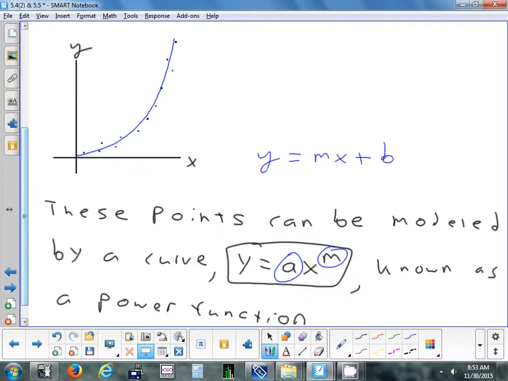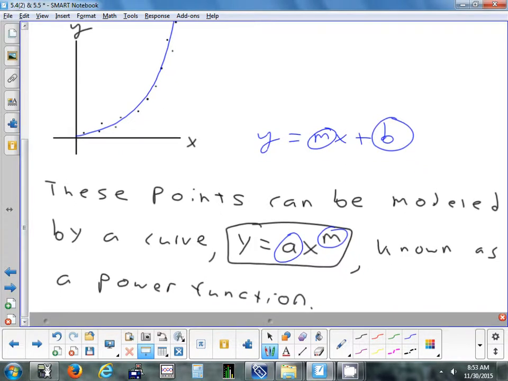Well, you don't have to find x and y. Those are in the final answer. But what you do have to find is your m, which is your slope, and your b, which is your y-intercept. Same idea here, similar. But that's what your final answer is going to look like. Just you're going to have a number for A and a number for M. You got to plug in.